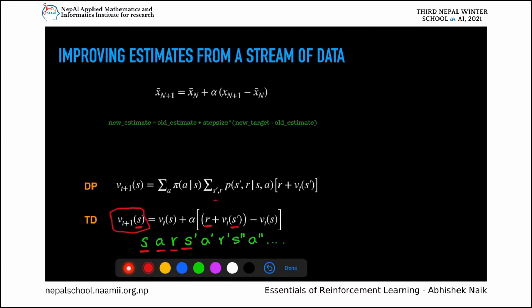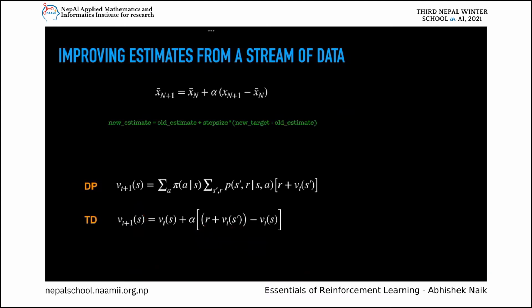That's it. We did not need a model of the world. We can do this iteratively as we see more data. And so as incrementally we see more and more data, we can just keep updating our estimates till we converge, like in how we converged for dynamic programming. Okay, so that is cool.